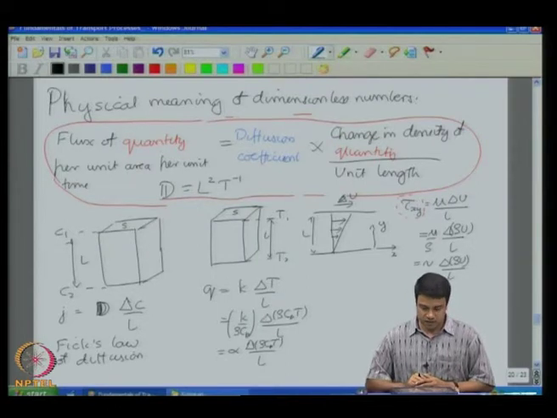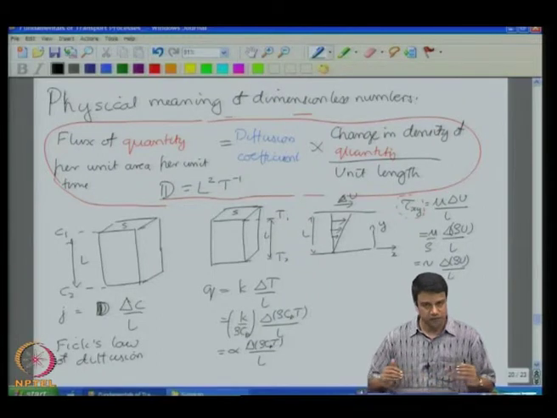So, the heat going through is proportional to the surface area of the material, proportional to the difference in temperature, and inversely proportional to the length of the slab of that material. So, the heat flux, which is the heat per unit area, is going to be independent of area. It's because you have already taken the heat transferred per unit area per unit time.